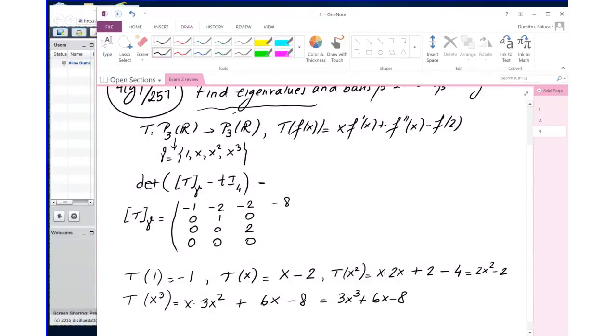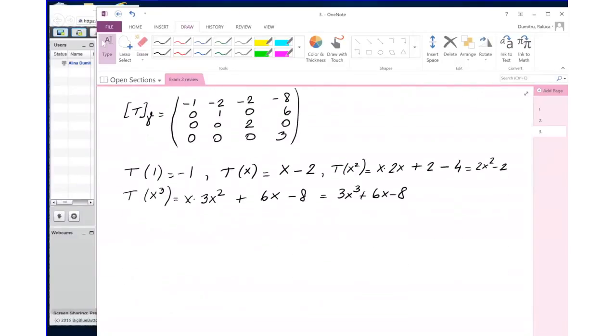So negative 8, 6, 0, 3. Take this away from here. So now I need the determinant of the matrix of T in gamma minus lambda times identity, 4 by 4.